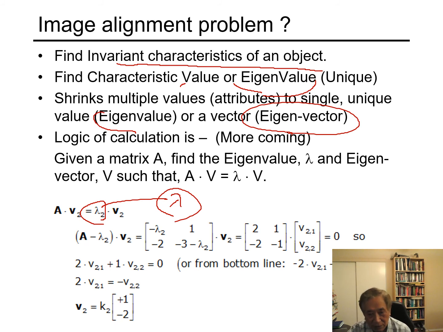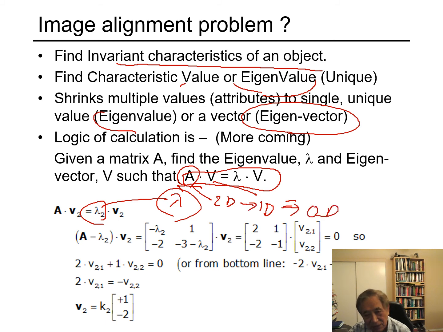So just one more time, this is something I want you to really know. Memorizing is easy, but just understand this. Big matrix, two-dimensional, and this is one-dimensional, 1D. So we go from 2 dimensions to 1 dimension to 0 dimensions. That's one vector, single value. Lambda is a single value.